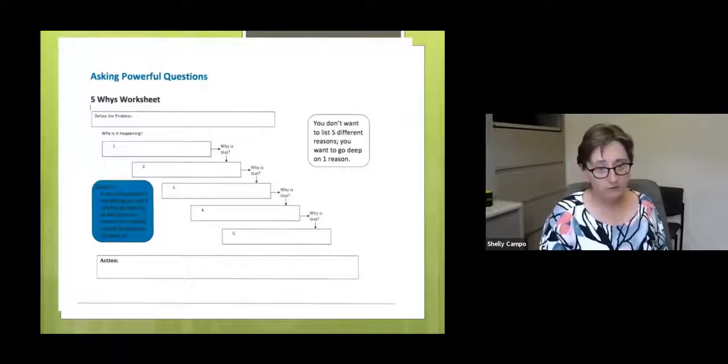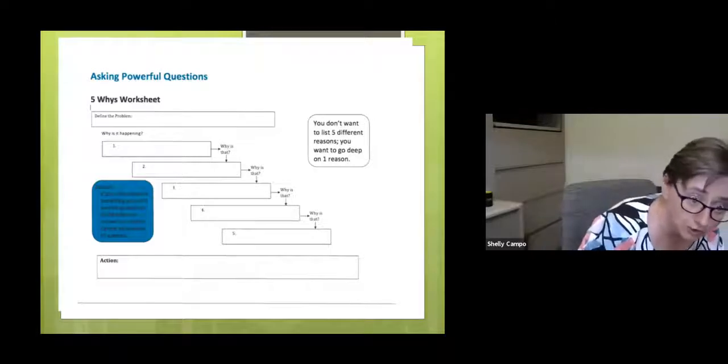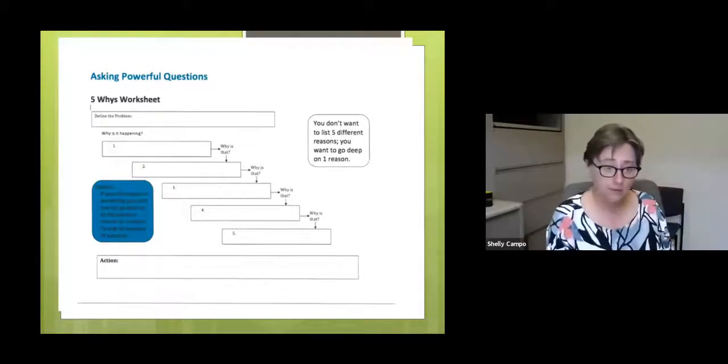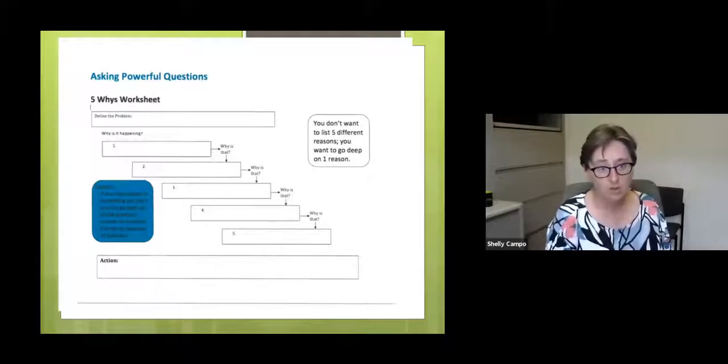One of those things is, number one. Well, why is that? Well, maybe that's cultural history. Maybe it's the lack of resources. Maybe it's a natural disaster that occurred in your area. I mean, you can just keep going deeper, deeper, deeper. Maybe it's a cultural belief system, and so forth.